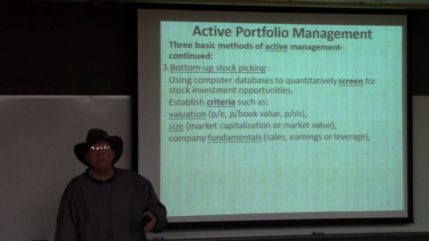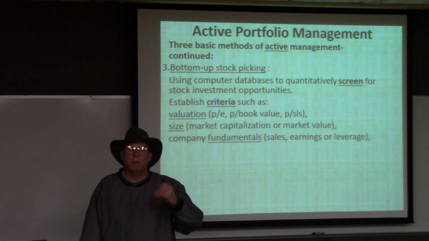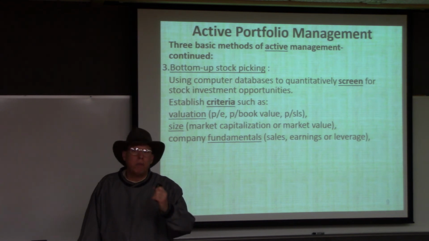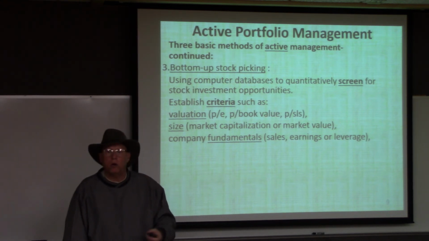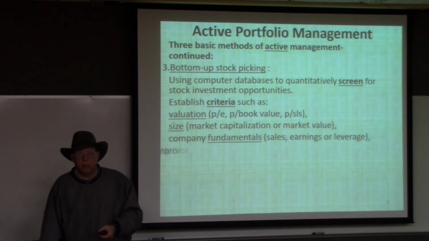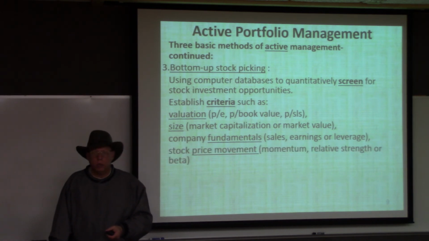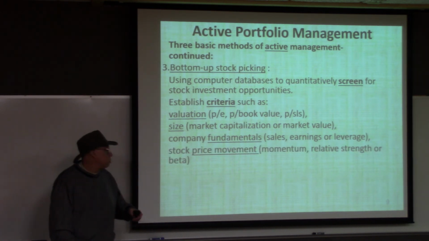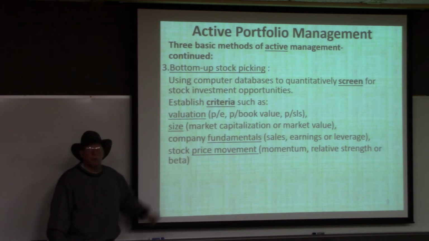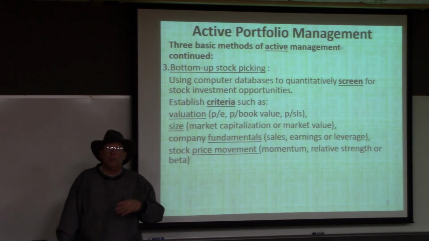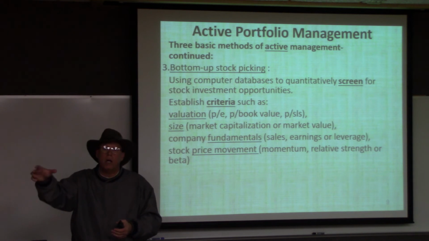Company fundamentals, maybe you're looking for a certain amount of sales or a certain pace or rate of sales growth or earnings growth. Maybe you're looking for leverage, maybe you're looking to avoid leverage. Maybe you're screening stocks based on stock price movement. Maybe you're a momentum investor and you're looking for stocks that have been going up.